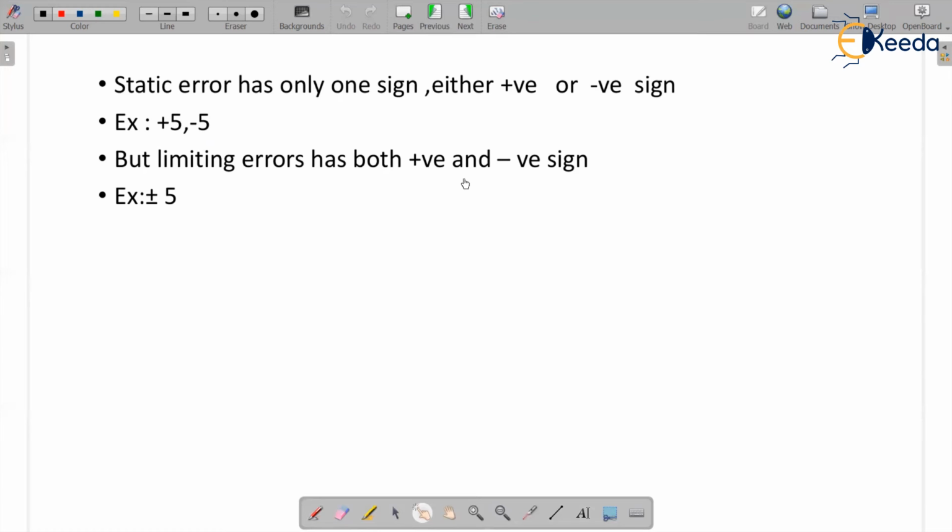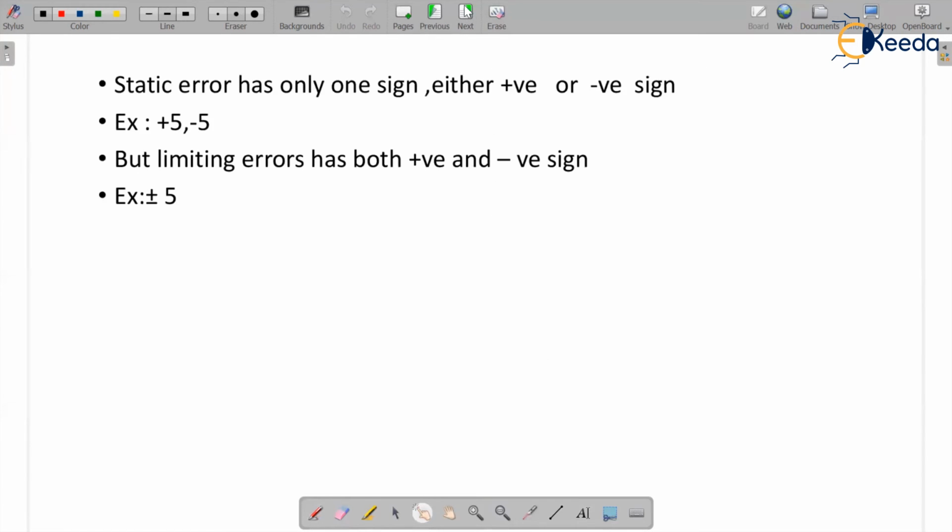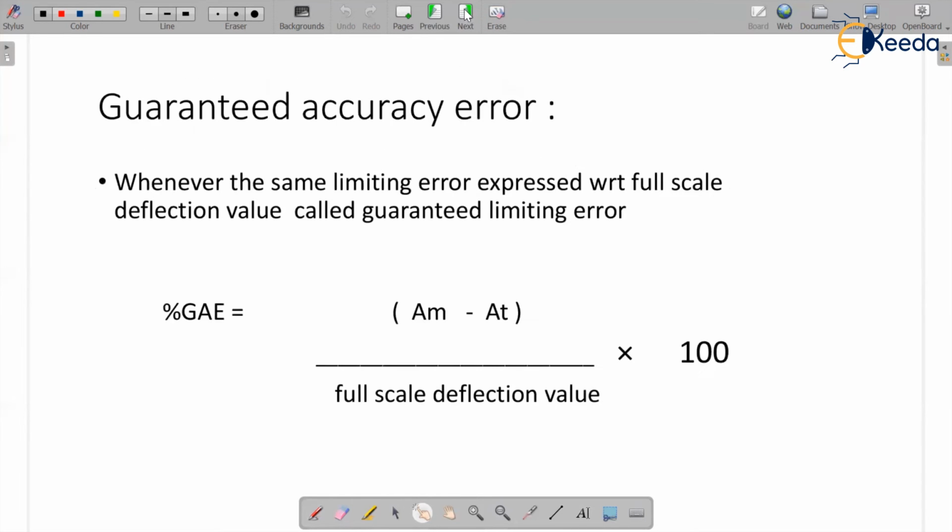But limiting errors have both positive and negative signs, plus or minus. Observe here, you got plus or minus operations. So they are called limiting errors. Okay now. Then let's go for what is the guaranteed accuracy error. So what is guaranteed accuracy error?